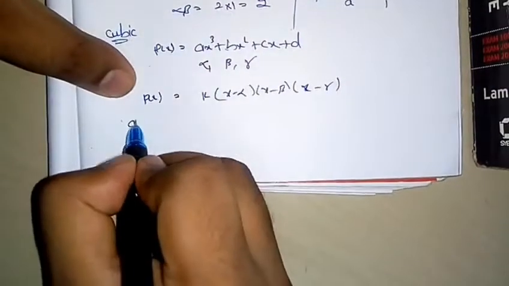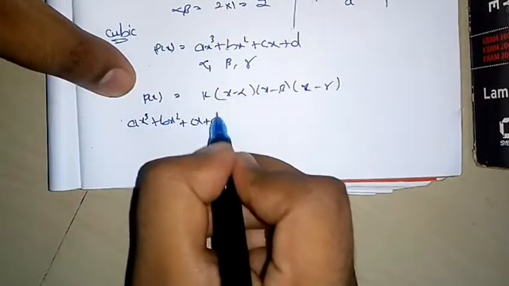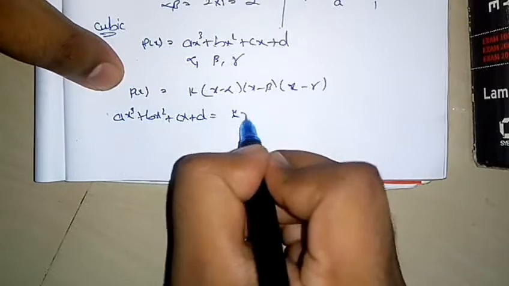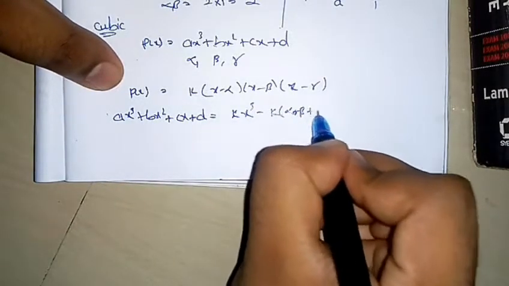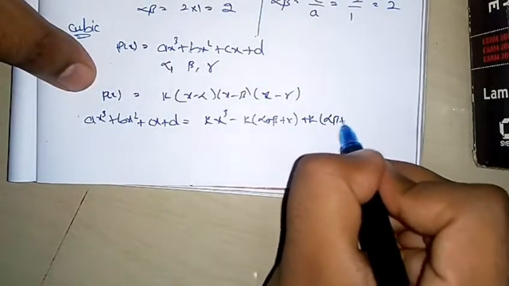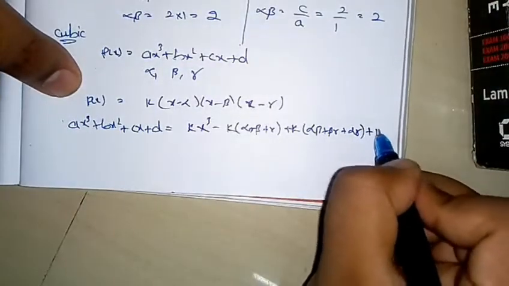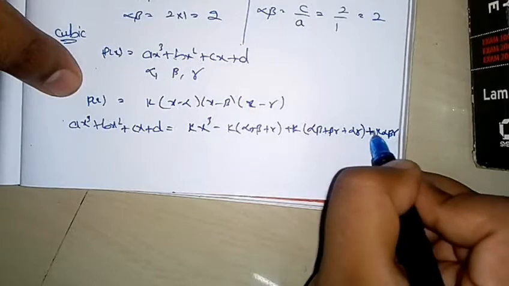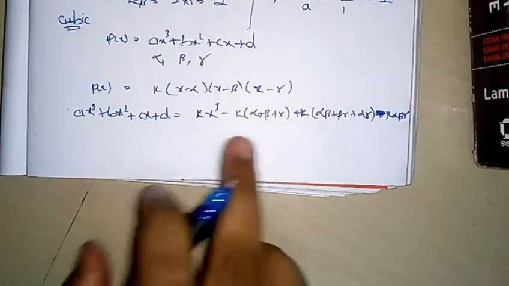Now it implies ax cube plus bx square plus cx plus d is equal to kx cube minus k times (alpha plus beta plus gamma) x square plus k times (alpha beta plus beta gamma plus alpha gamma) x minus k times alpha beta gamma.